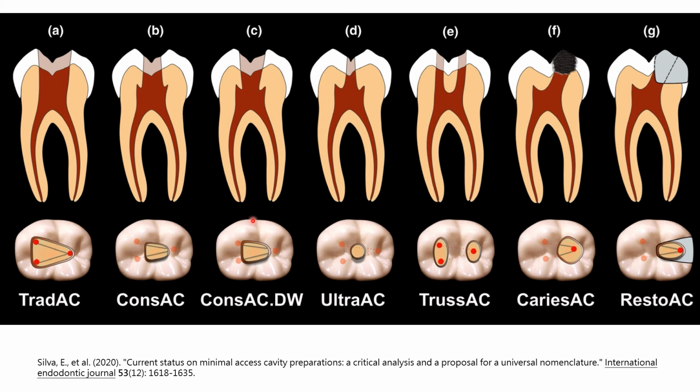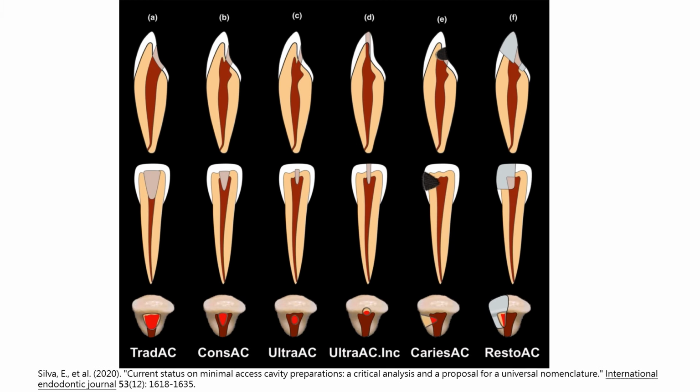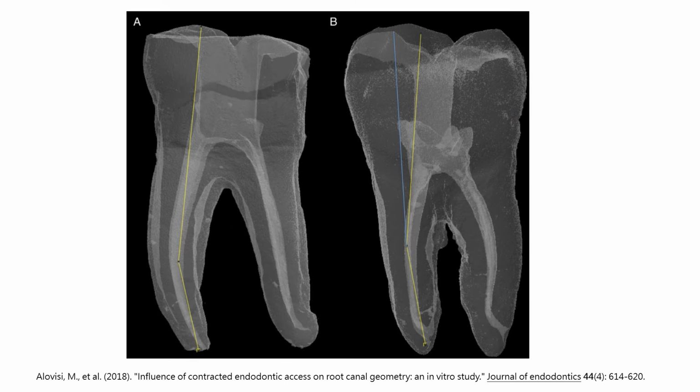We can also use all kinds of access, including restoration-oriented access or caries-oriented access. The ultra conservative or truss access is more controversial, and this is an anterior tooth, of course.